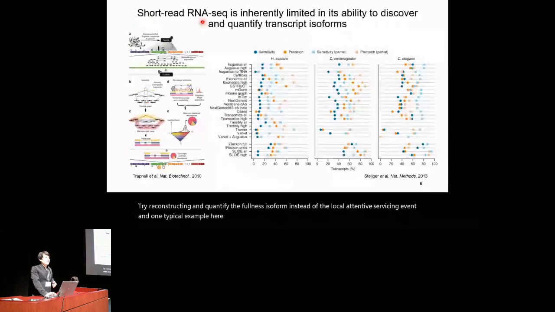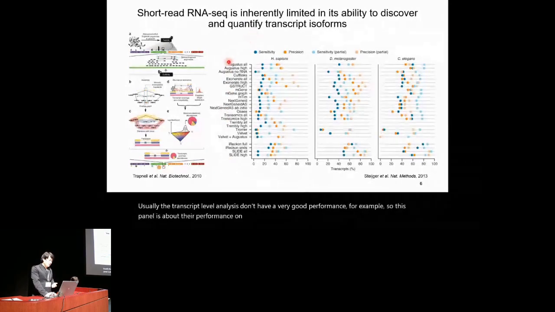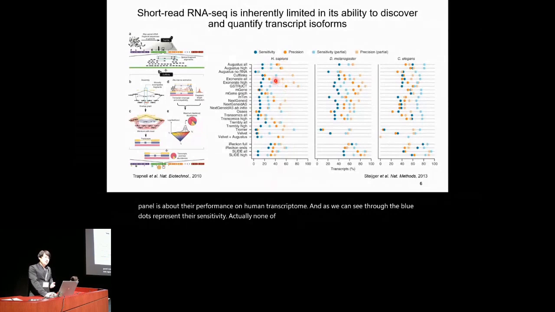Unfortunately, according to a third-party assessment, usually the transcript level analysis doesn't have very good performance. For example, this panel is about their performance on the human transcriptome. As we can see, the blue dots represent their sensitivity. Actually, none of them achieve a sensitivity higher than 40%. Most of them are lower than 20%.